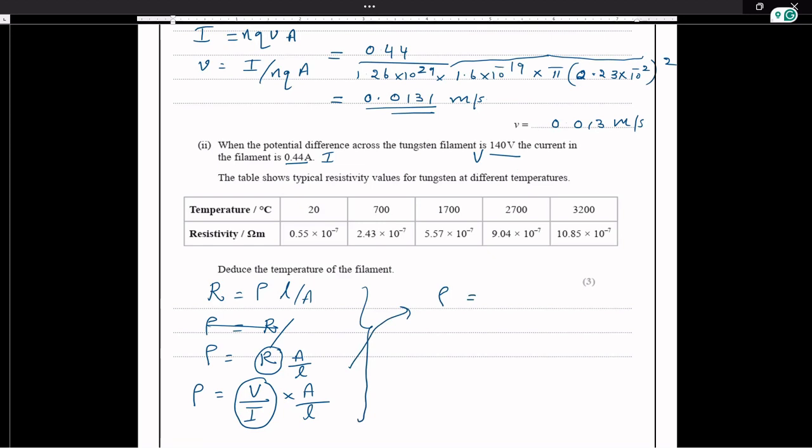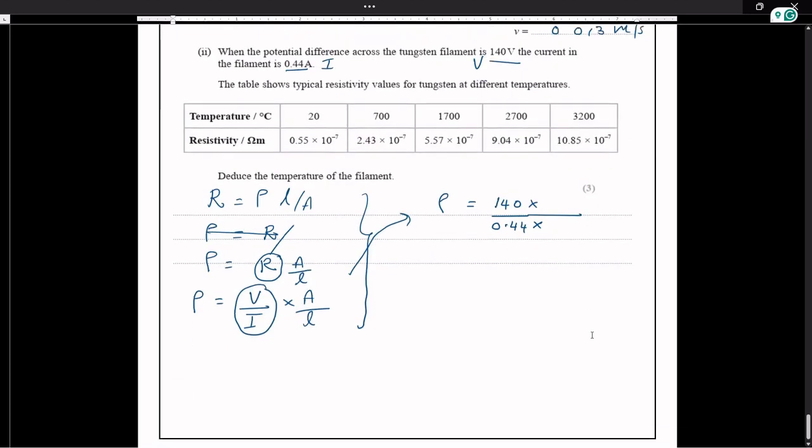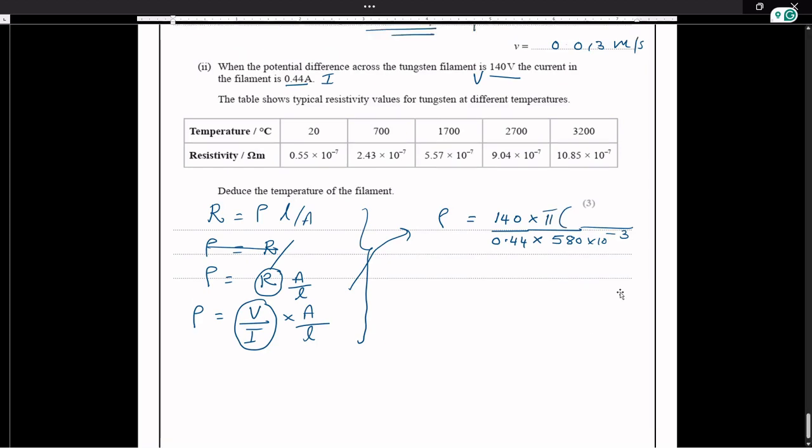What is the voltage given? It is 140 over the current, 0.44, times the area of cross section over L. The length is given in the first part of the question. The length is 580 times 10 to the power of negative 3, and the area is pi r squared.